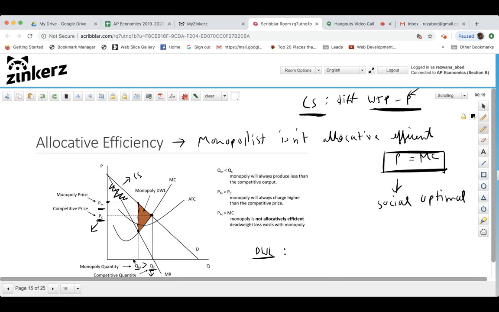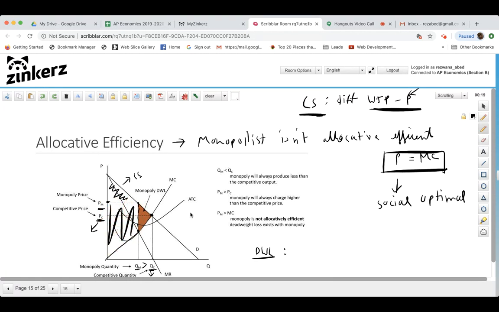It's worse for consumers, right? But for producers, for the monopoly, it's a little hard to show with this marginal cost curve, but imagine if the marginal cost curve looked something like this. That would be the supply. So all of this would be their producer surplus.